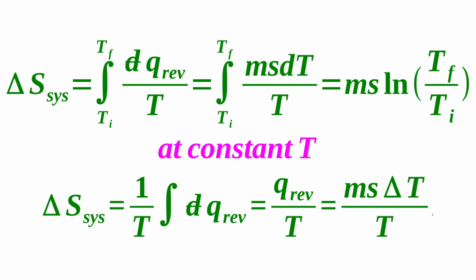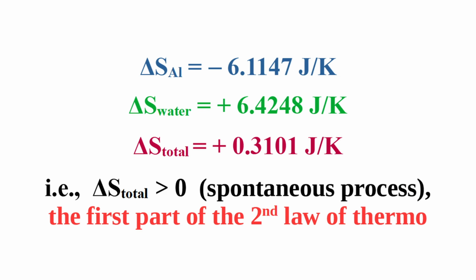Delta S system is equal to q reversible over T, equal to ms delta T over T. Therefore, delta S aluminum equals negative 6.1147 joules per Kelvin.